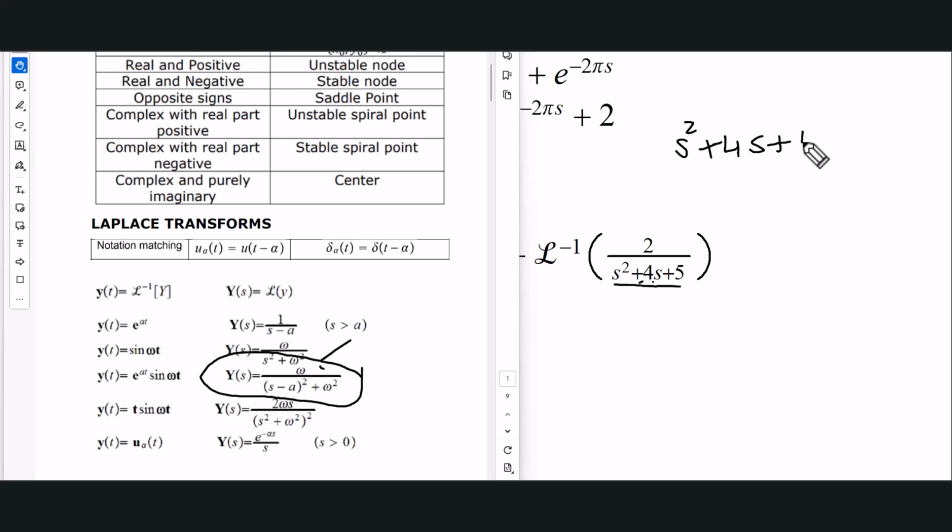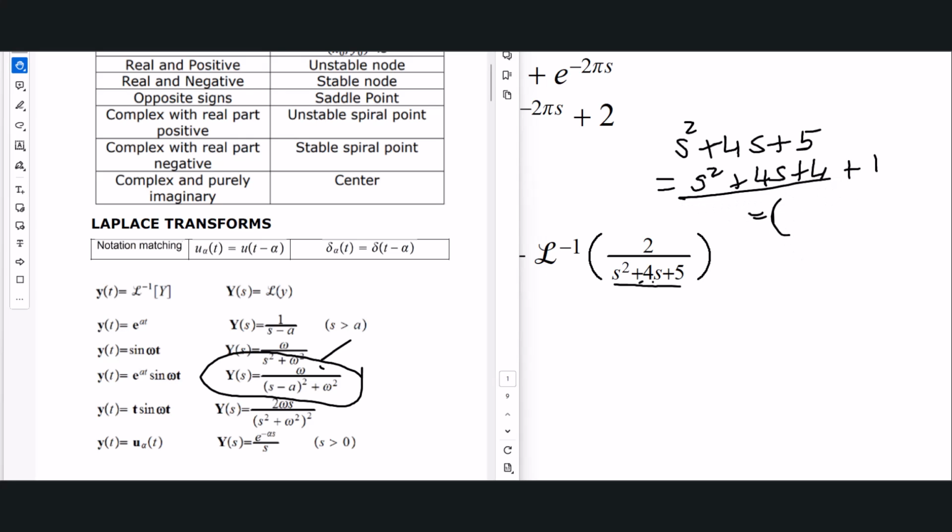When you have s squared plus 4s plus 5, you take half of the coefficient of s, that is 2, square it and add it here. Now this 5 can be broken into 4 plus 1.